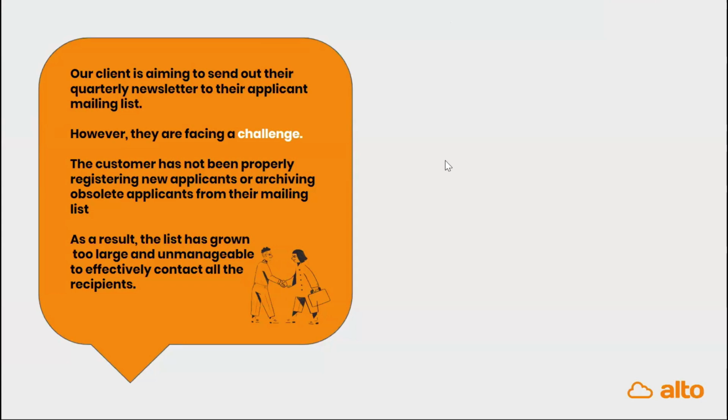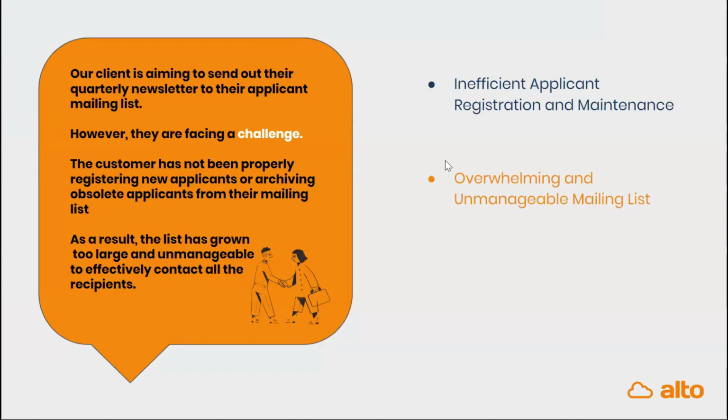As a result, the list has grown too large and it became unmanageable to effectively contact all their recipients. So what does this show? That there was inefficient applicant registration and maintenance, overwhelming and unmanageable mailing lists, and a decreased communication effectiveness.